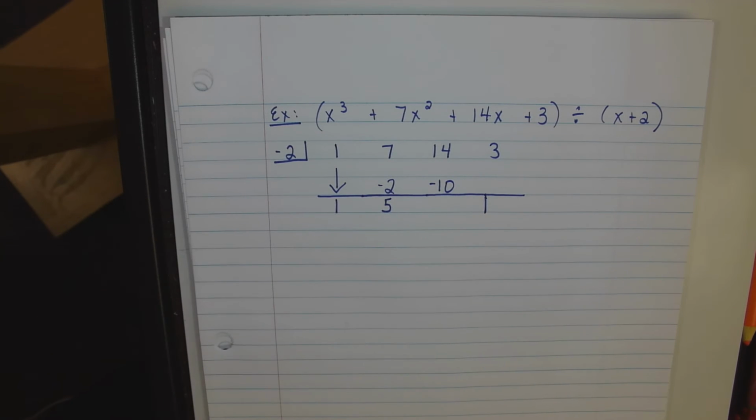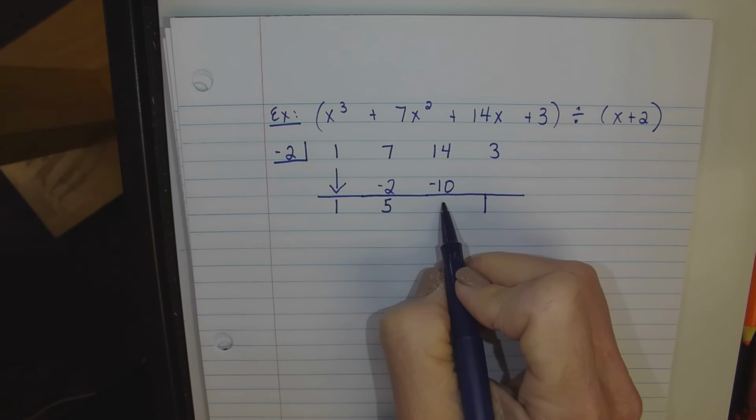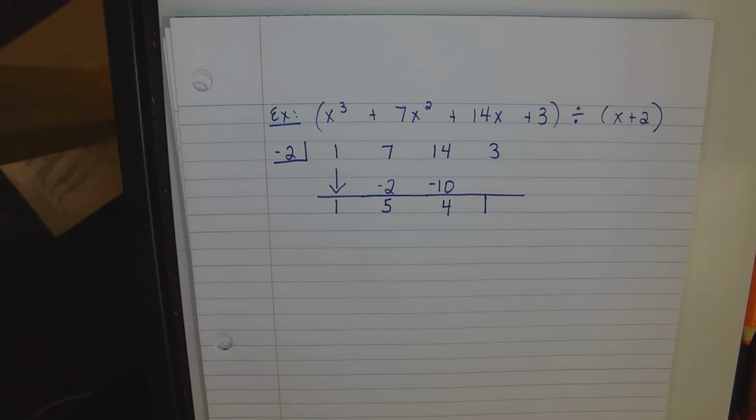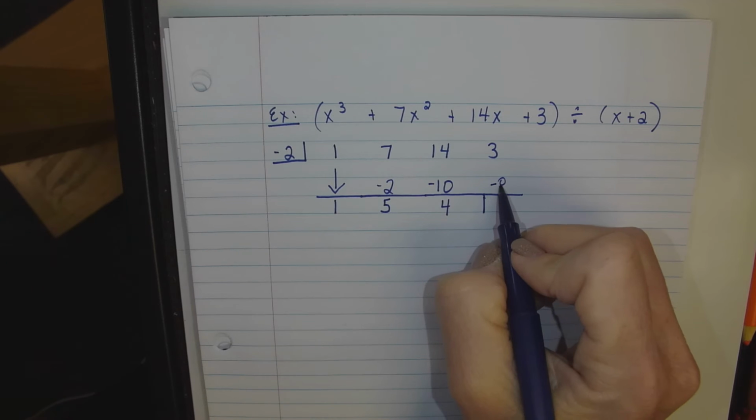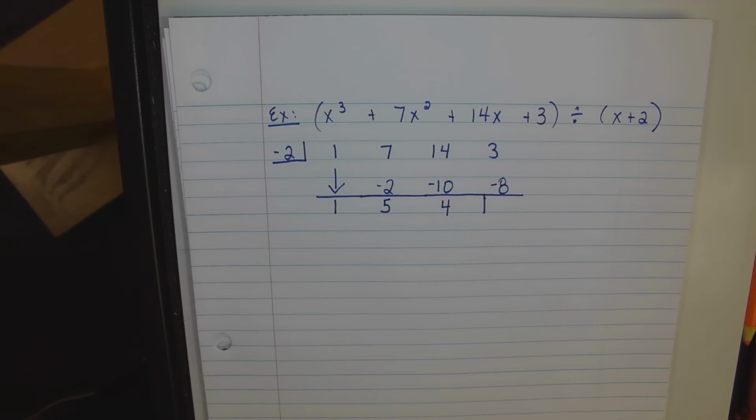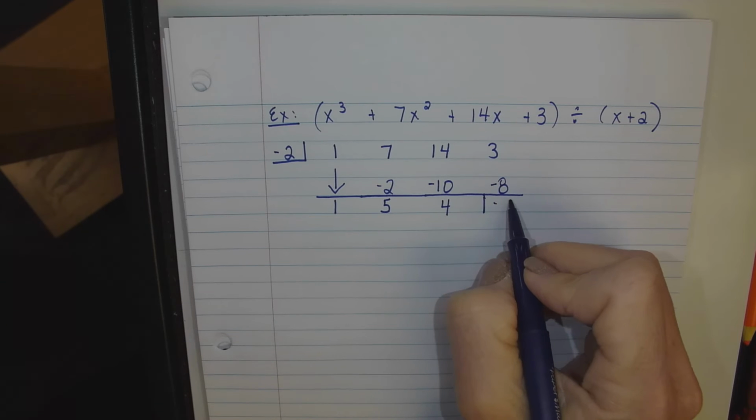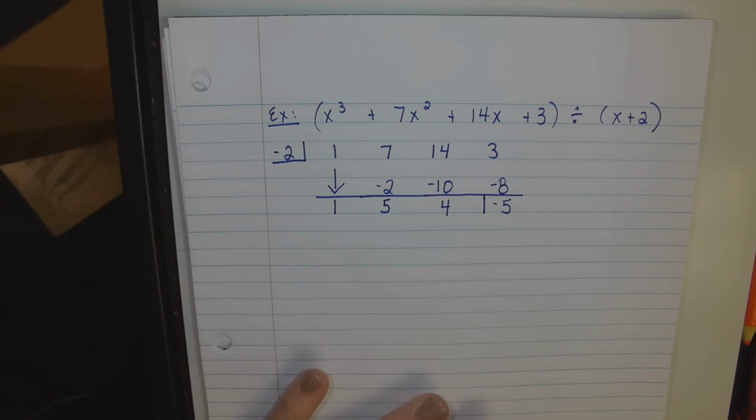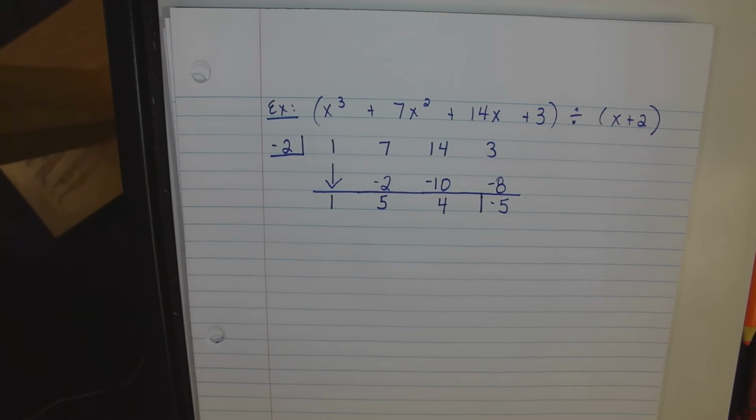Now what? Add them together and you get 4. Almost done. 4 times -2 is -8. What's my remainder? Good. No, you got it. Okay, there's the work.